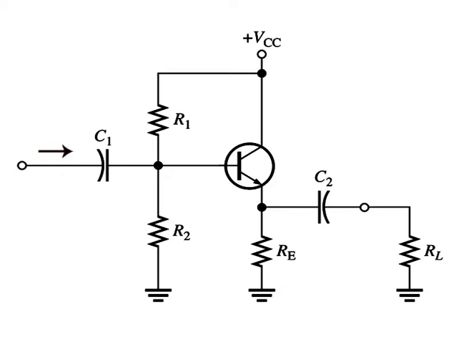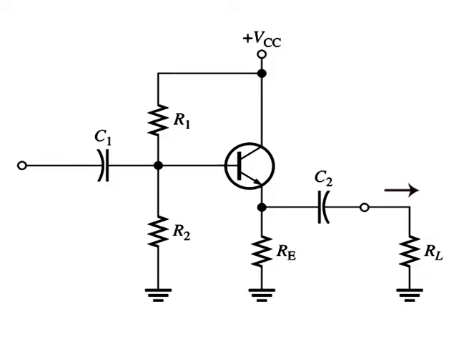The common collector amplifier. The common collector amplifier is usually referred to as an emitter follower. The input is applied to the base through a coupling capacitor and the output is at the emitter. The voltage gain of a CC amplifier is approximately 1 and its main advantages are its high input resistance and current gain.